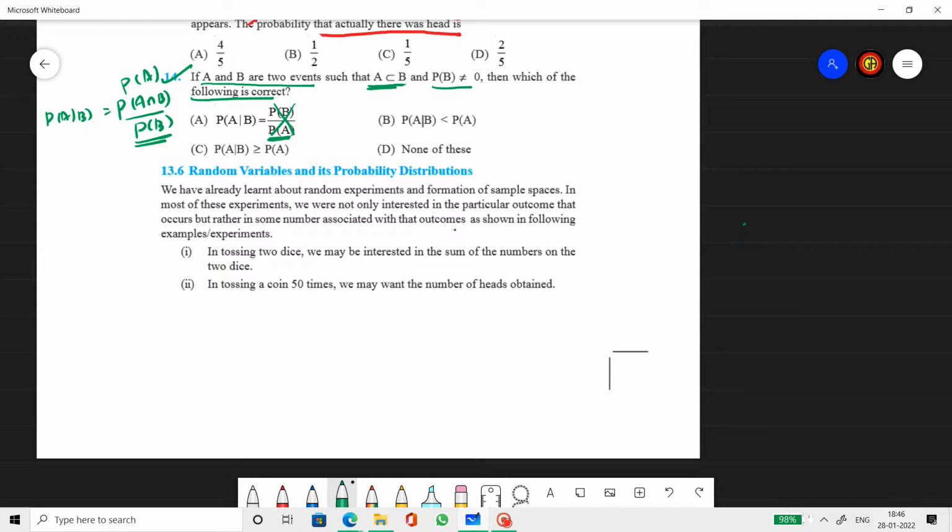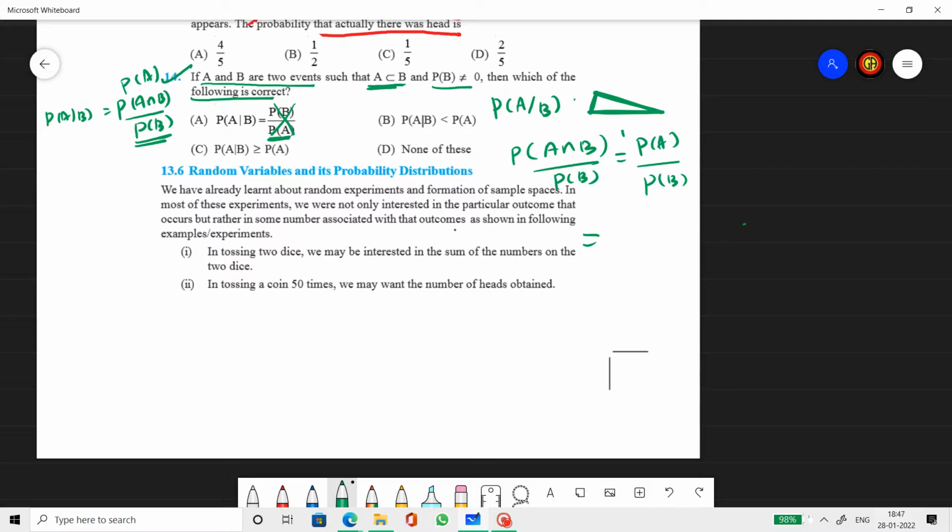Now coming to the second one. Is P of A given B less than P of A? Well, P of A given B is P of A intersection B by P of B, and P of A intersection B is P of A because it's a subset, by P of B. Now, I'm not very sure whether it's lesser or greater because it's in probability form.